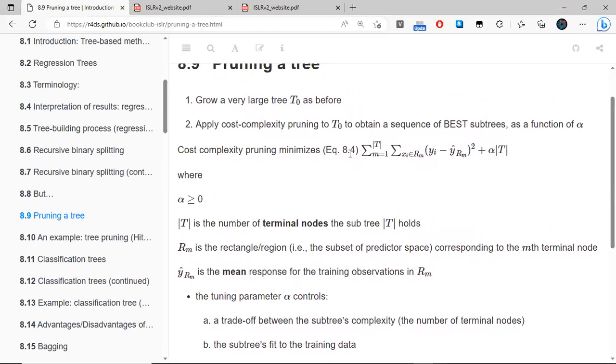And we do that for all the possible subtrees of the initial very big tree, so that a tree that has many regions is going to be penalized via this factor.